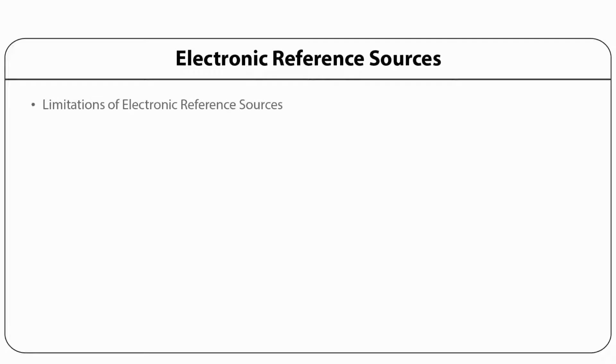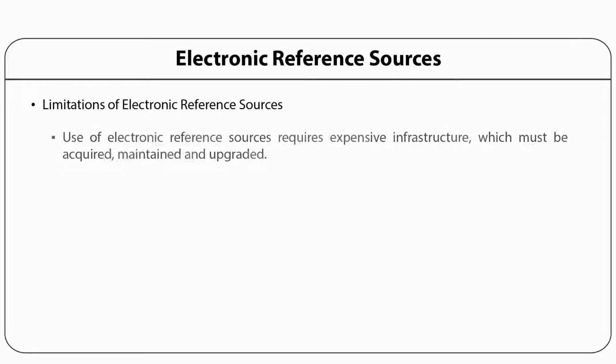However, there are some limitations of electronic resources. Here, the use of electronic resources requires expensive infrastructure which must be acquired, maintained, and upgraded. This covers computer hardware and software, internet connection, and subscription to databases.